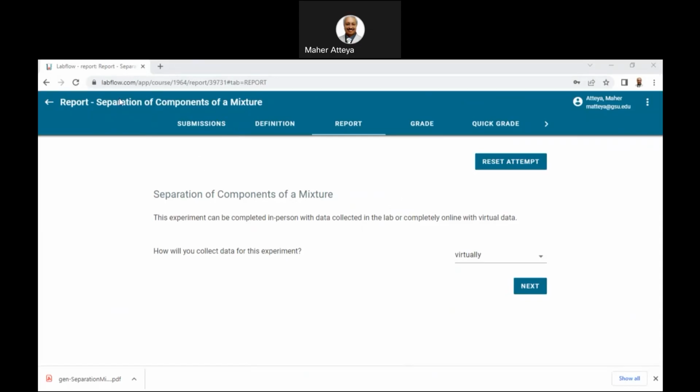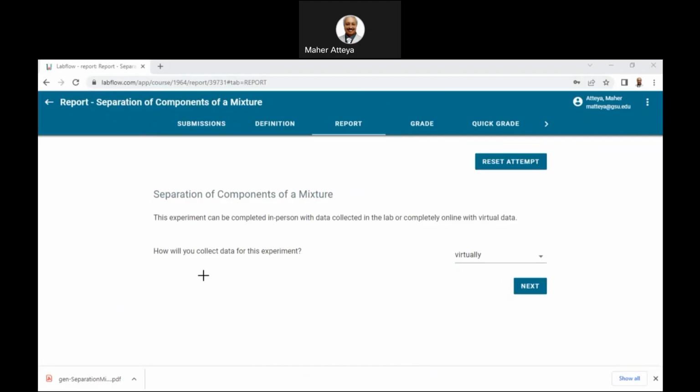So therefore, let's insert an arrow showing where next really is. Next is here. Shape, fill. So we are clicking on next.